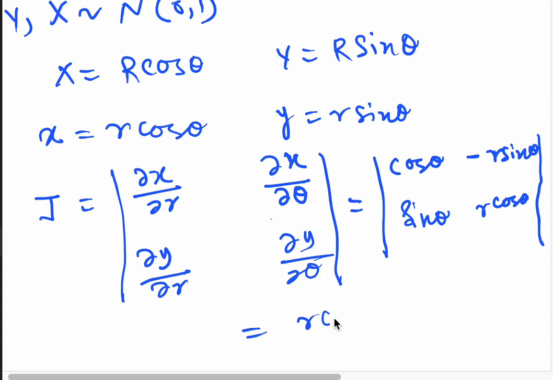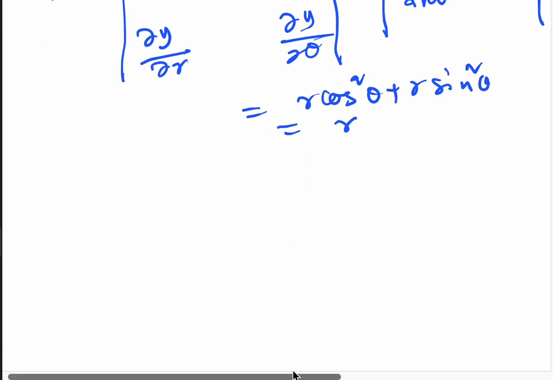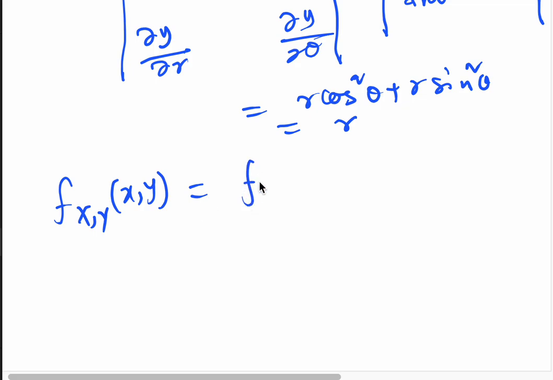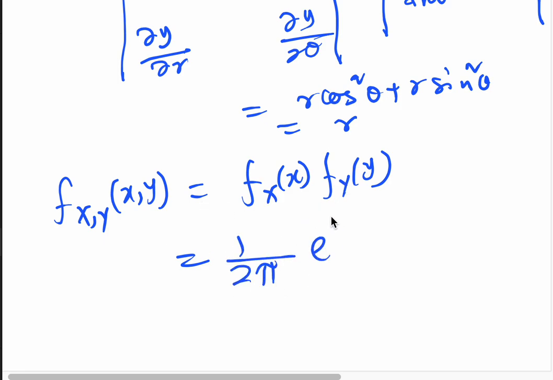So this is r cos square theta plus r sin square theta, which is nothing but r. The Jacobian is r. Then f of x, y, since independent, is f of x into f of y. Since it is normally distributed, that is 1 by 2 pi e to the power minus (x square plus y square) by 2.